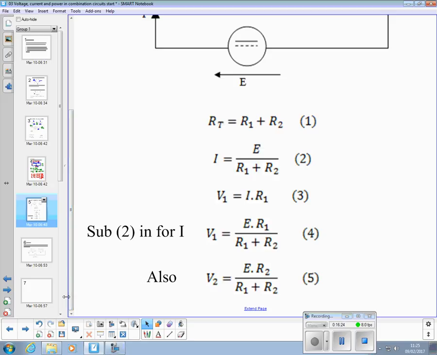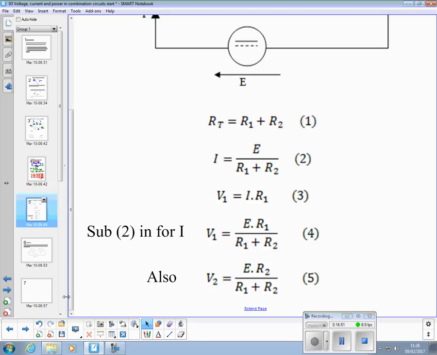We also know that V1, the volt drop across the resistor R1, can be found from I times R1. So if we substitute that equation into that for I, that's what we end up with.